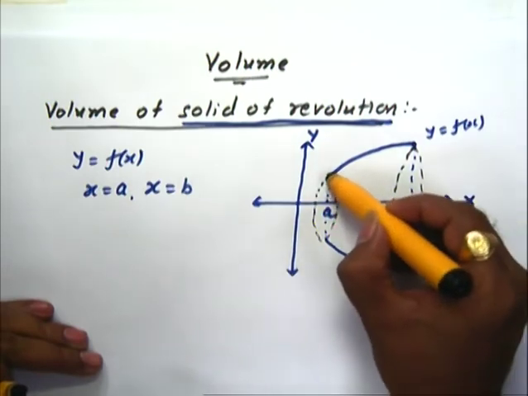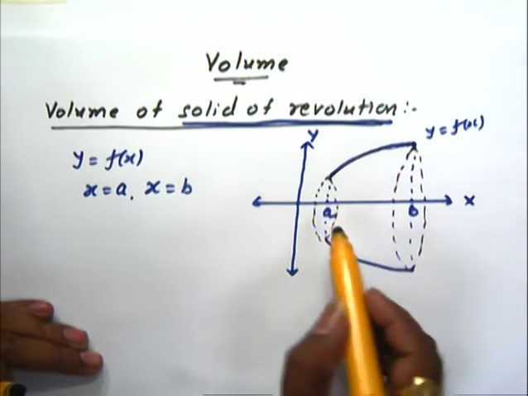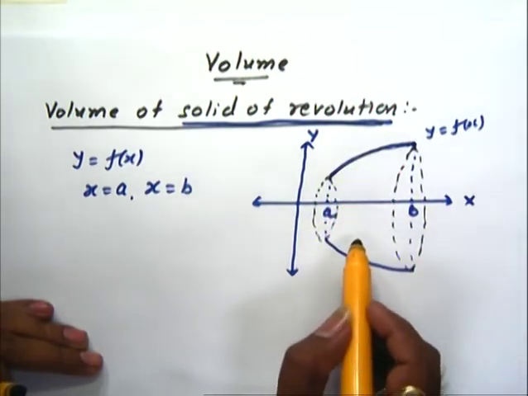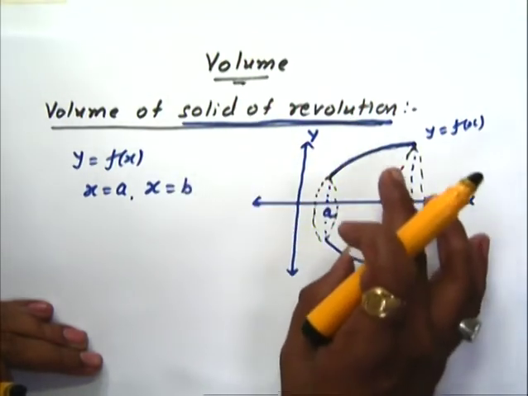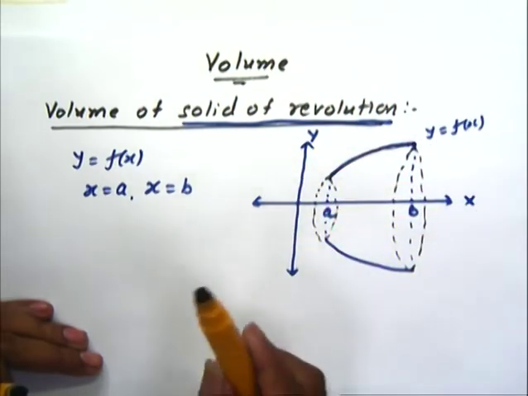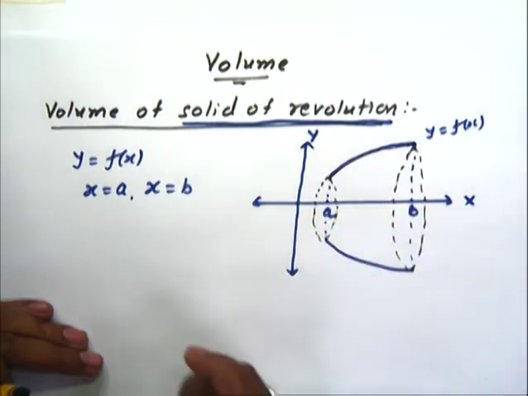If you rotate this curve about x axis, then you will get this solid. So this is known as solid of revolution. We have got this solid by rotating the curve about x axis. Now we want to find the volume of this solid part.